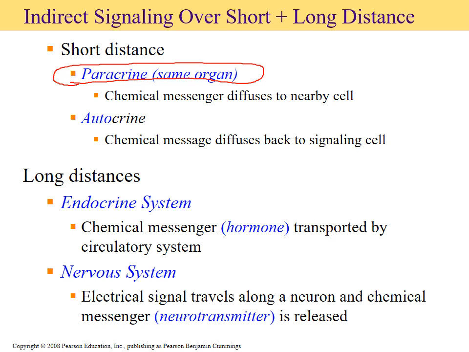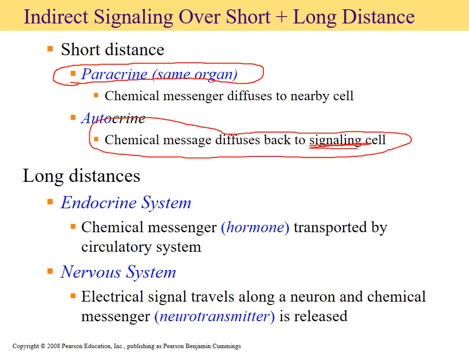If the messenger is diffused and signals back to the original cell, meaning that it stays in direct contact, so the chemical messenger is diffused back to the signaling cell, aka the signaling cell becomes your target cell, then we call that an autocrine secretion. And auto means self.